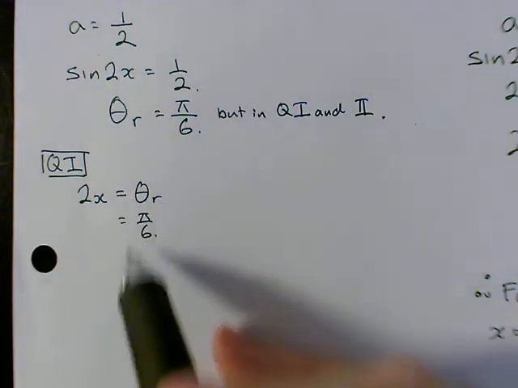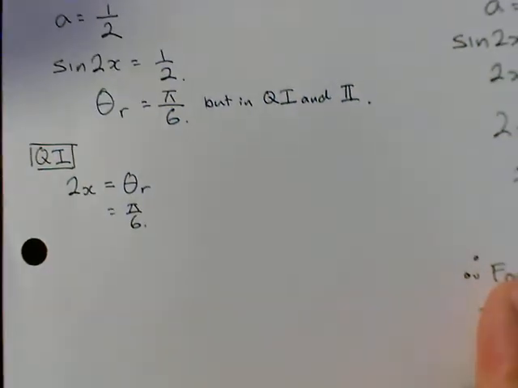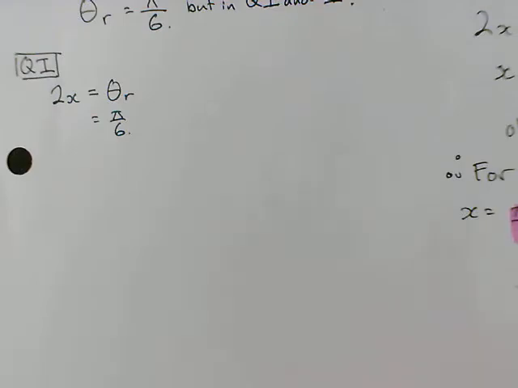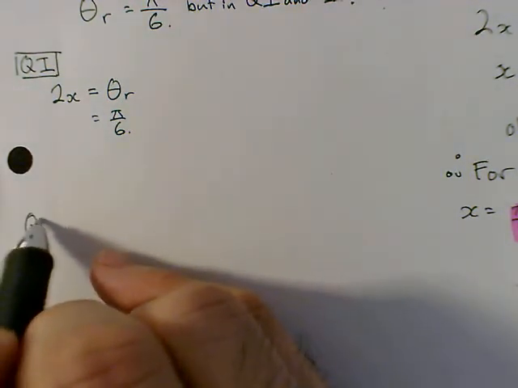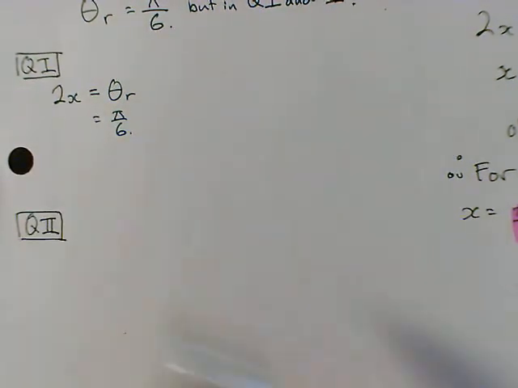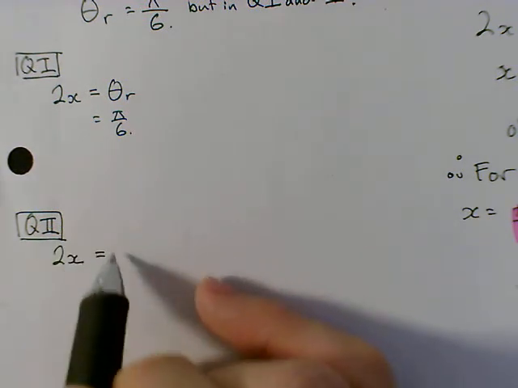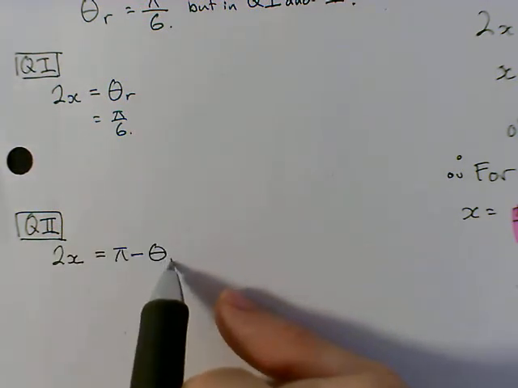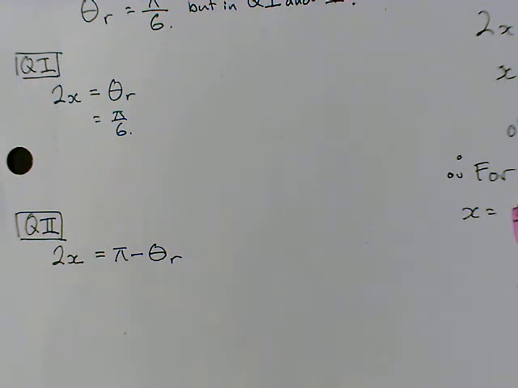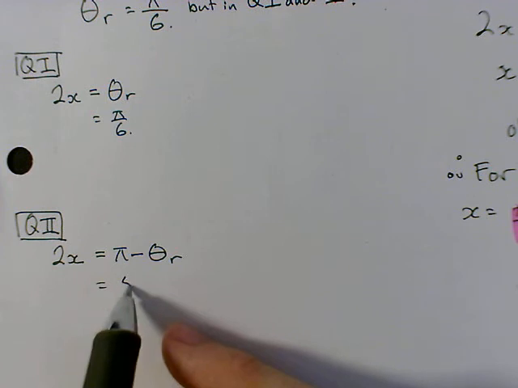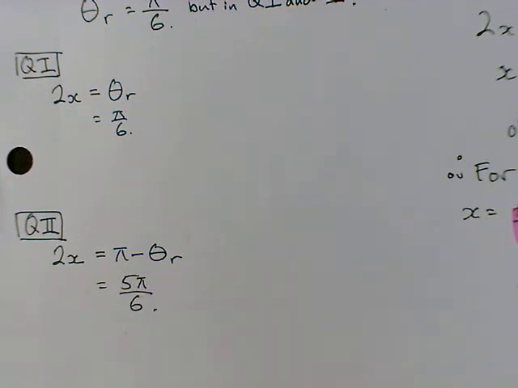Okay, leave some space. In Q2, 2x is going to be the larger obtuse angle, which in this case is going to be 5 pi over 6.